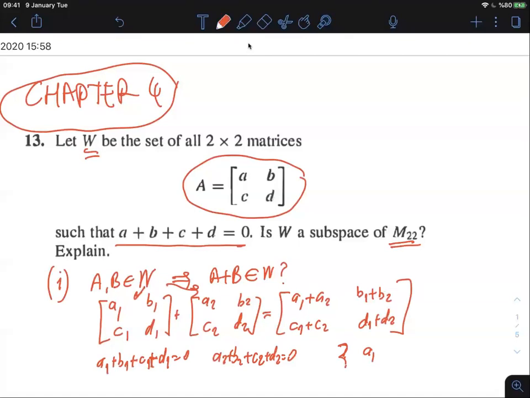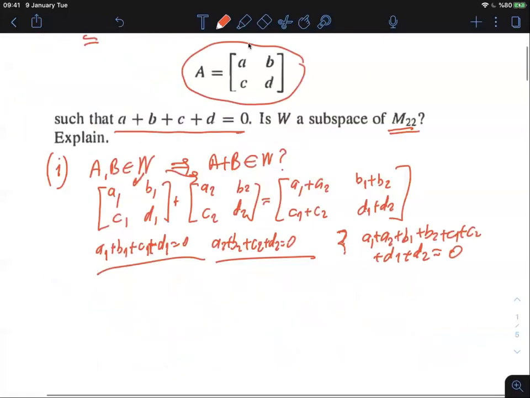So if I add A1, A2, B1, B2, C1, C2 plus D1, D2, is this 0? Well, yes, because it's basically this plus this, right? So it must make 0. So the first condition of being a subspace is satisfied.